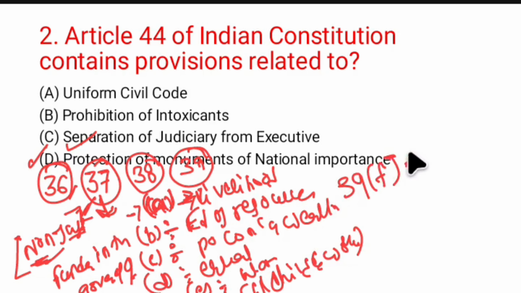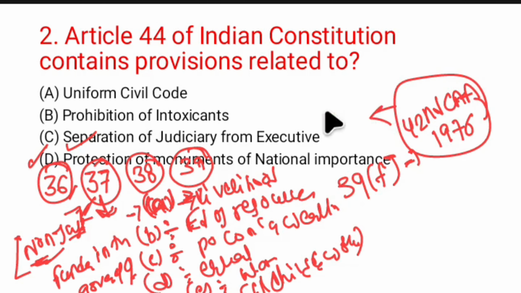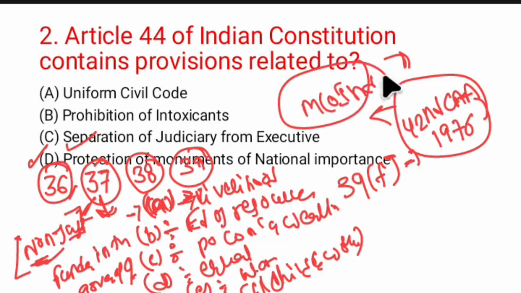This provision was added by the 42nd Constitutional Amendment Act 1976. This amendment is also referred to as the mini Constitution of India.